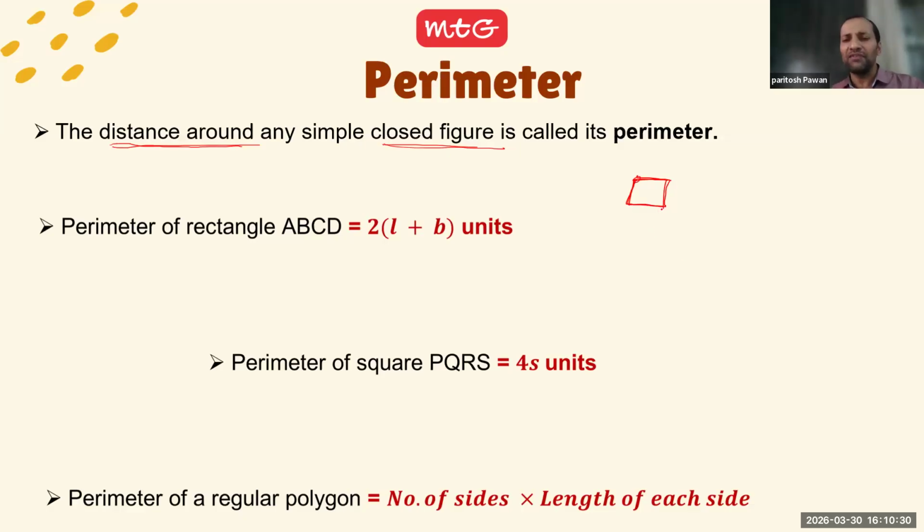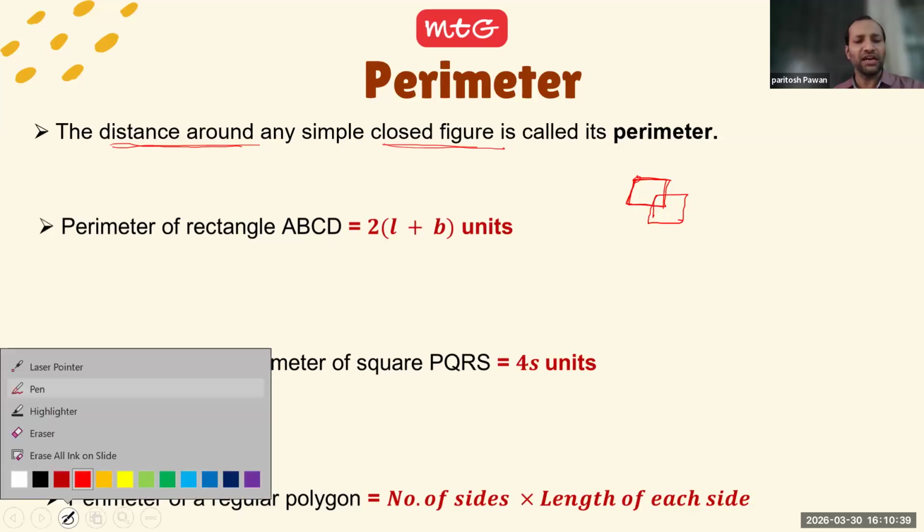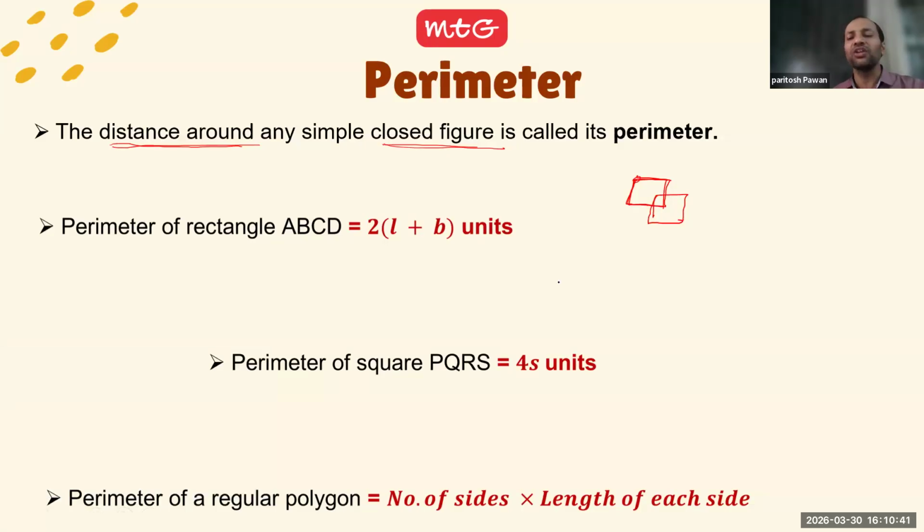Another example: if I add one more rectangle to this, and now you ask what is the perimeter of this diagram, you cannot directly add the perimeters of the 2 rectangles. Why? Because the definition says distance around, only around, we should not go inside. In this case, we take this length, then from here to here only.